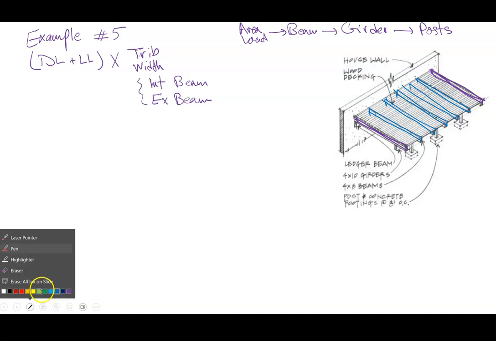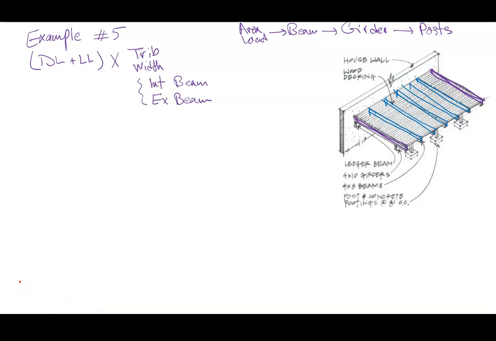And then we were able to calculate the amount of load transferred from each one of these beams to the girder supporting beams. So we did FBD for interior beam, FBD for exterior beam. We calculated the load transferred from interior and exterior beams to the 4x10 girders. And then we did FBD of girders.